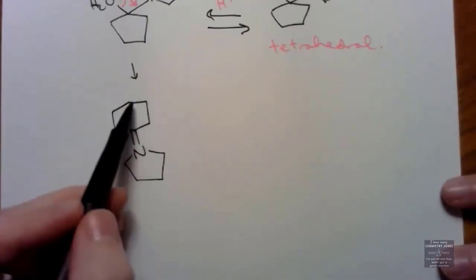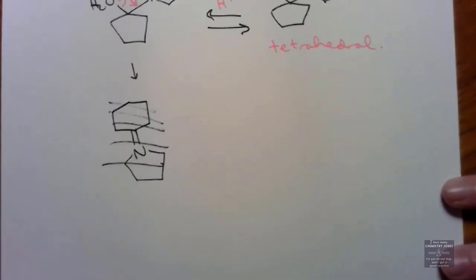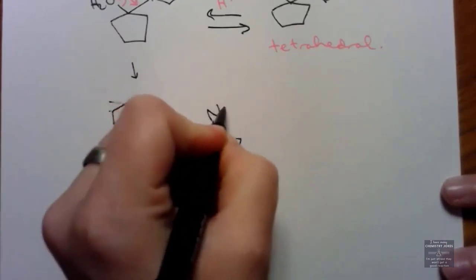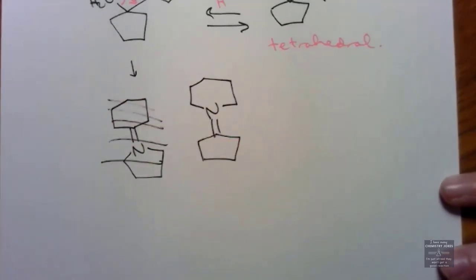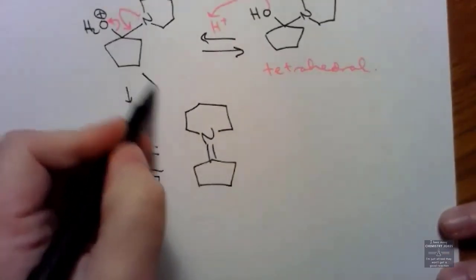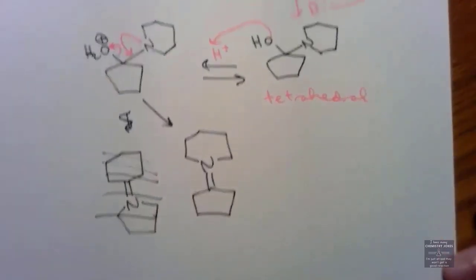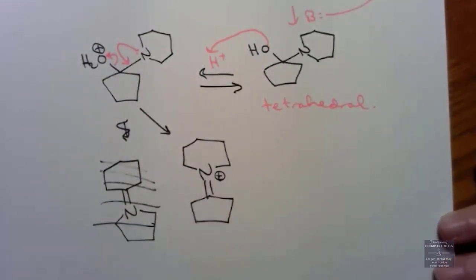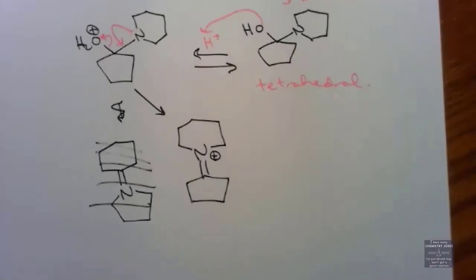Dang it, I'm half asleep. My nitrogen's in the wrong spot. I get here. You would think I'd be more professional than this, but no, I'm not. You get here. This looks like an imine, but it's a nitrogen with a positive.